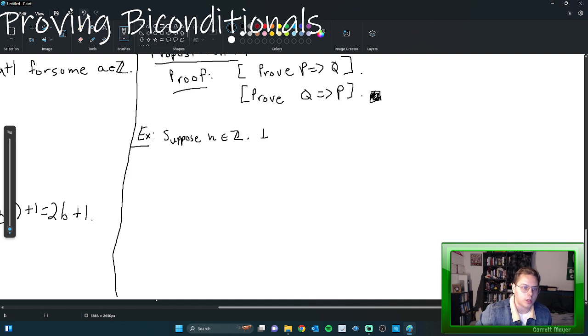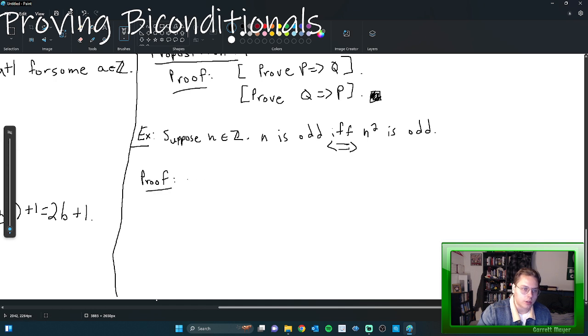Let's do it like this: n is odd if and only if n squared is odd. So this is the biconditional. If and only if is equivalent to this notation, and the proof for this will be as follows.